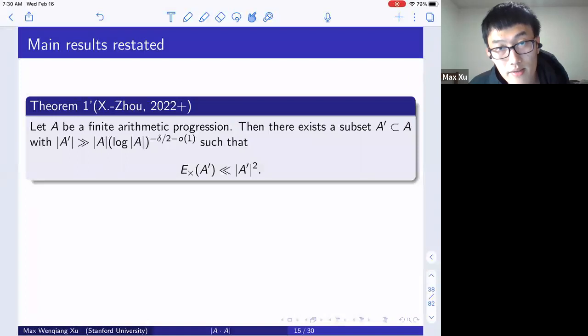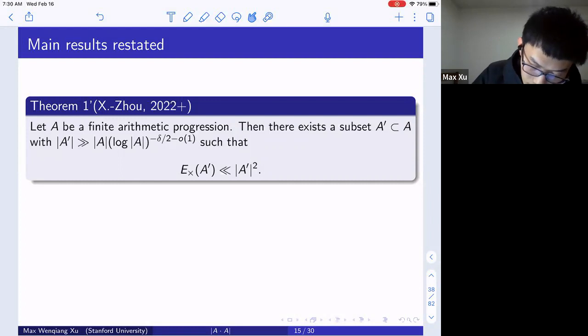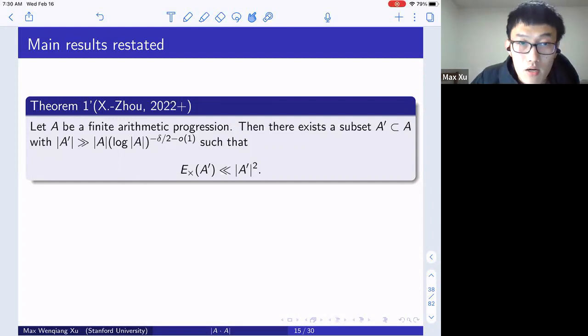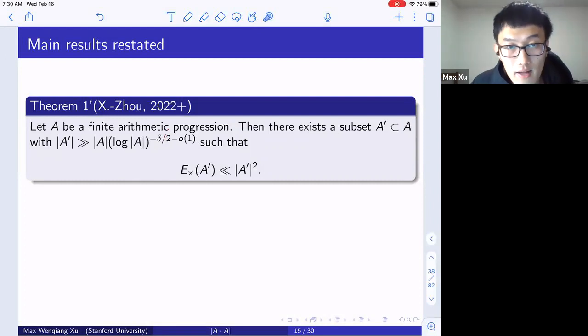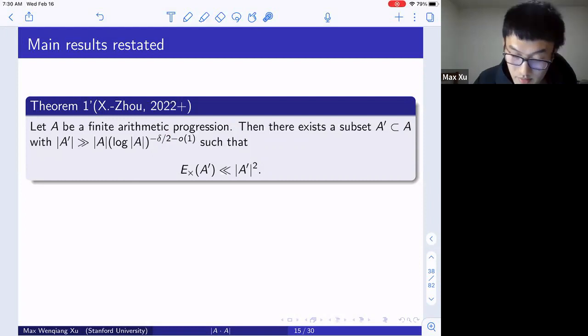Then we prove that there exists a subset A prime which has size not much different from A, differing by a log A to some power, and this power is delta over 2. This delta is still the same delta, the magical constant, such that the multiplicative energy is very small, up to a constant of its minimum possible value.